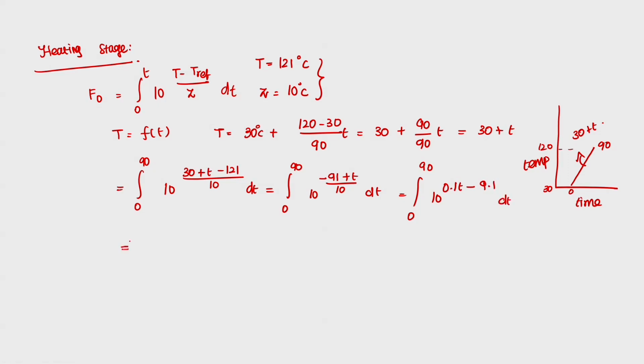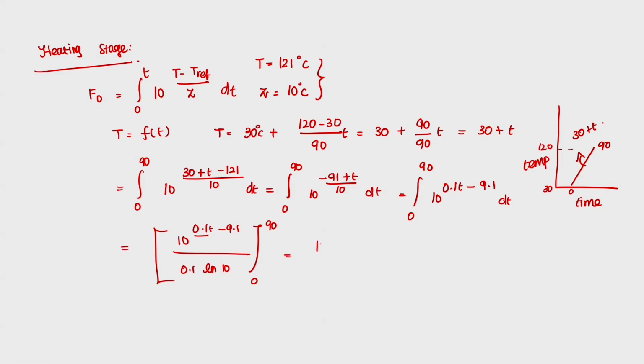We are supposed to integrate that and get 10 to the power of (0.1 t minus 9.1) divided by 0.1 into ln 10, because this is a function of t, evaluated from 0 to 90.